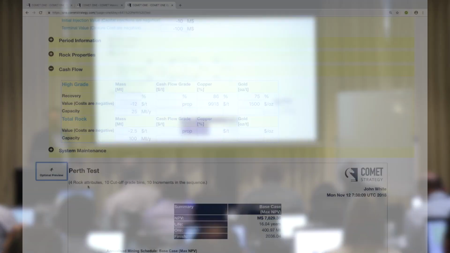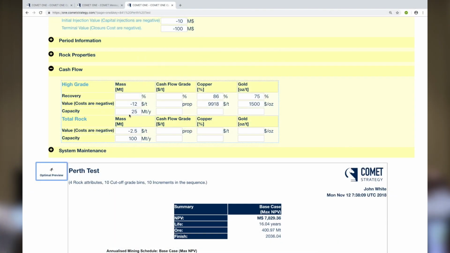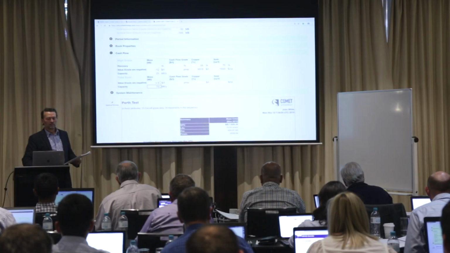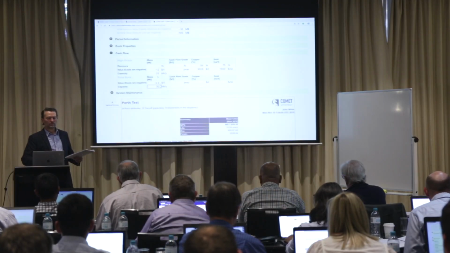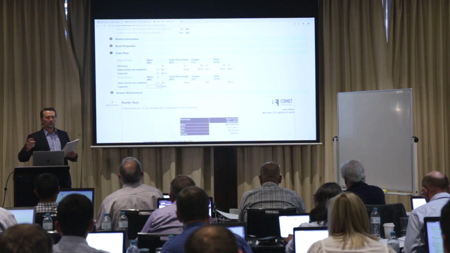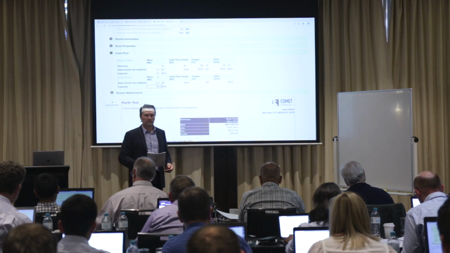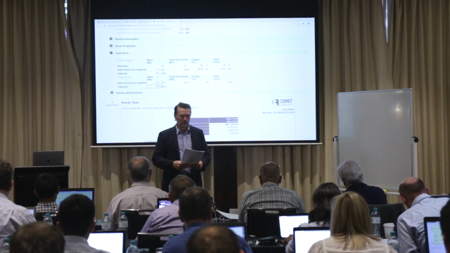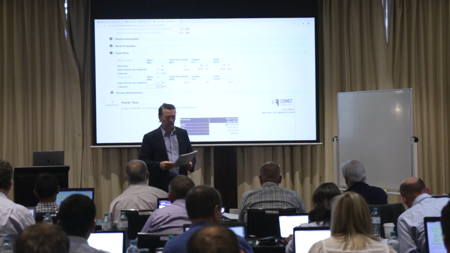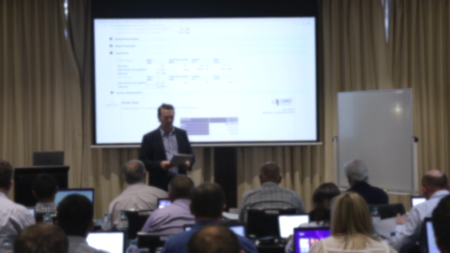It's a bit more expensive, that processing. So we'll change the processing capacity and just set this back to 70. So without changing the mining capacity, change the processing from 25 to 30 and so on, adding an extra $1 billion for every 5 million tonnes of processing capacity that we have.